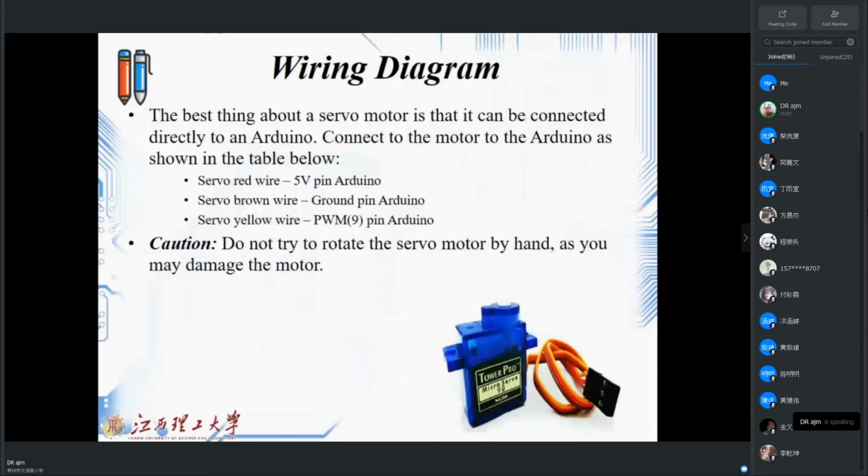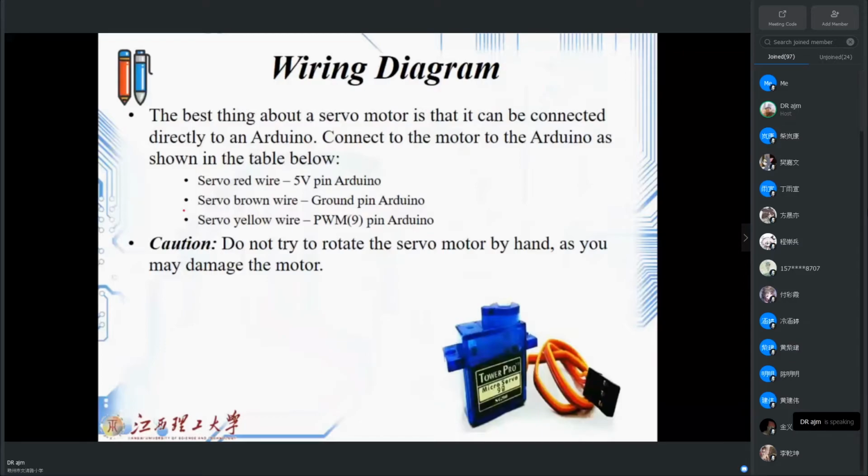We generally, with a small one which we work, we have the red wire, it's generally 5 volt, brown one which is generally used as ground, and we have the yellow one which is used for PWM. We work already with PWM pin, and we know that suppose in the Arduino board, they specify these pins with some special icon on the board.